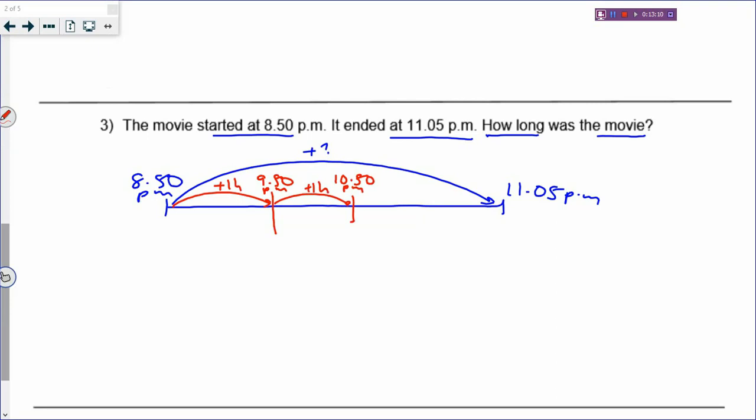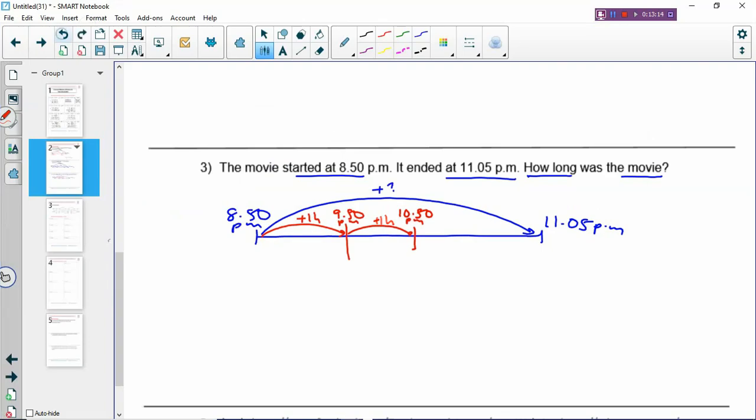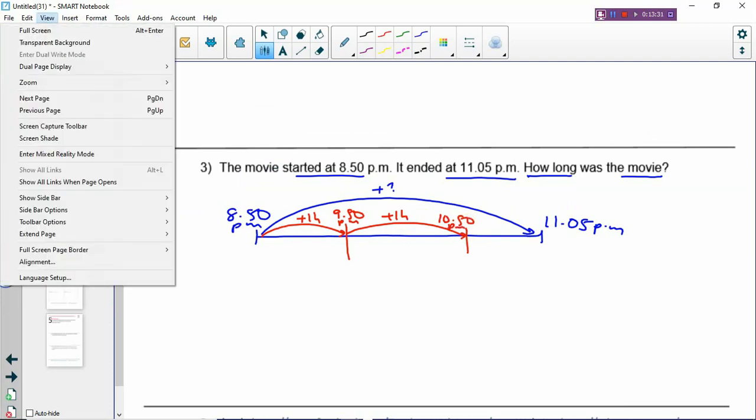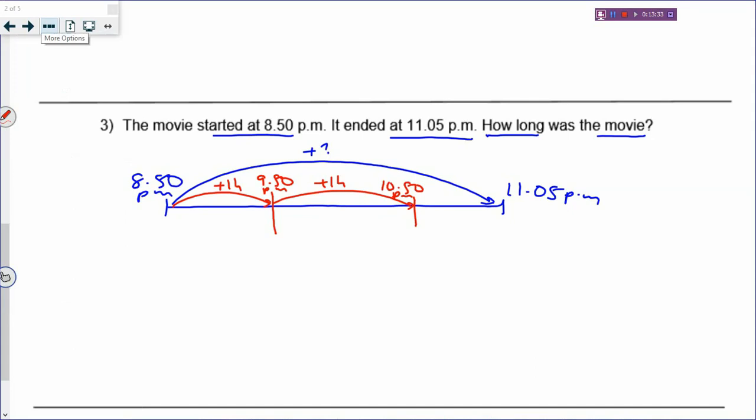If you jump another 1 hour, it'll be 11:50. Alright, let me just make it a bit nicer. Let me just have a bigger jump for that 1 hour. So I'm going to draw a bigger jump. So there'll be plus 1 hour, which is now 10:50 p.m.